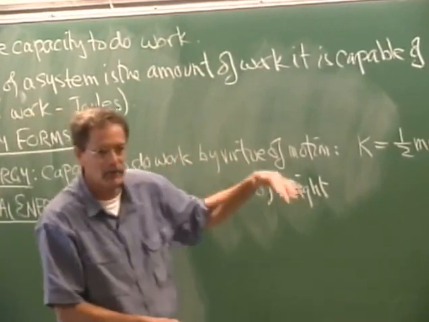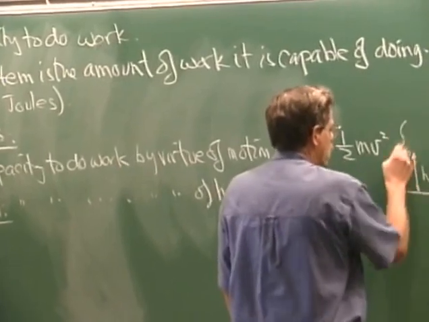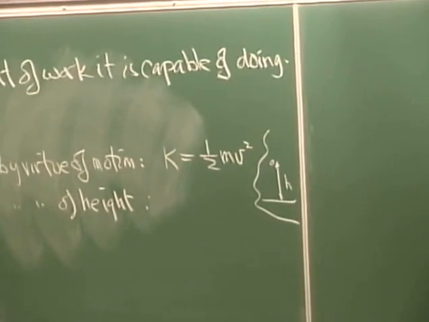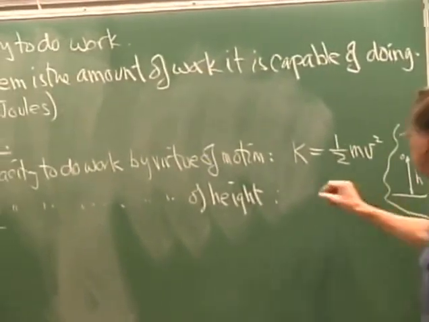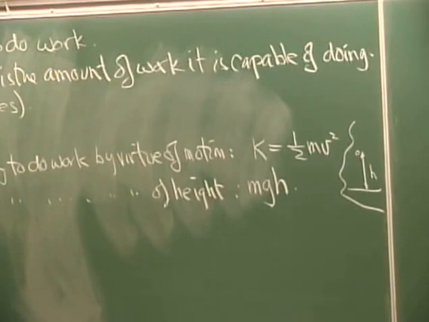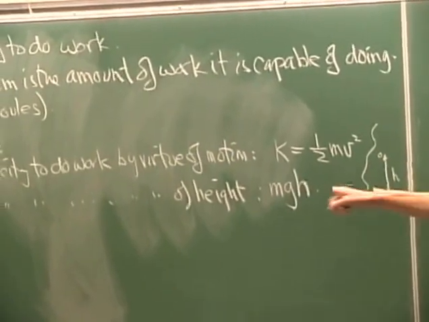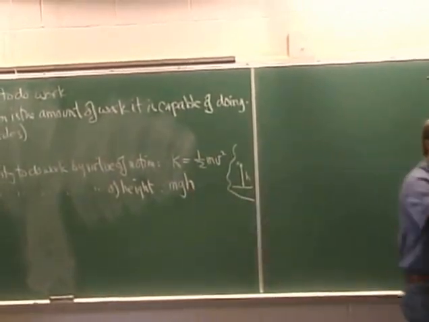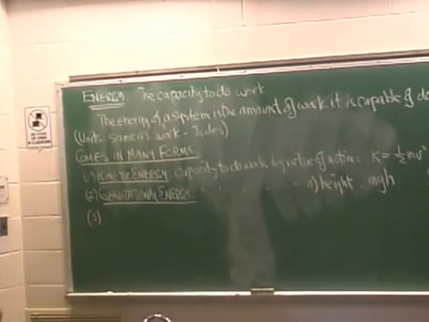I'm not talking about tallness, I'm talking about how high, the height h. That's what we derived last week. That's how much work the object is capable of doing, because m and h are reasonable in the expression. So the work an object is capable of doing is mgh.